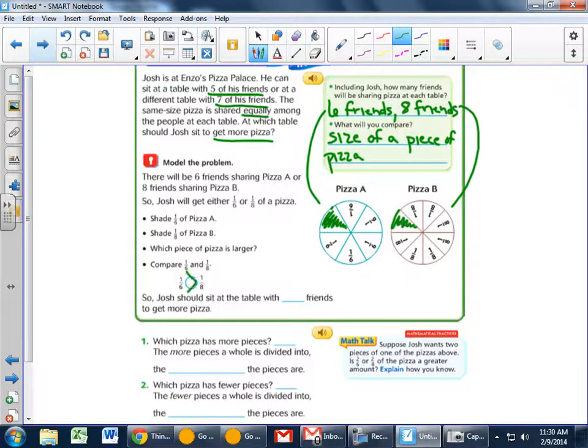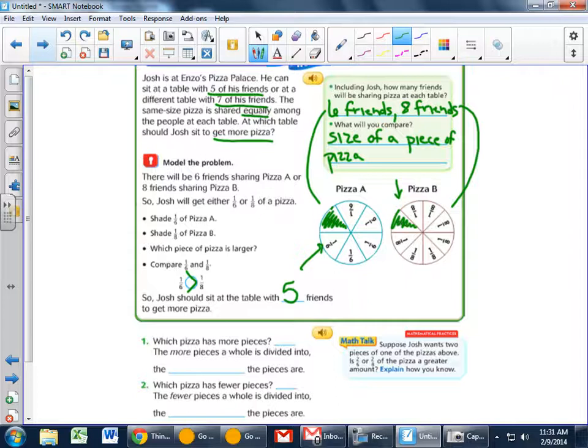You're getting 1 out of 6 pieces instead of 1 out of 8 pieces. So this one is just a little bit smaller than it is on pizza A. So if Josh wants to get a bigger piece of pizza, he should sit at the table that has the 5 friends. Remembering that we turned it to 6 as our denominator because we added Josh to that picture.